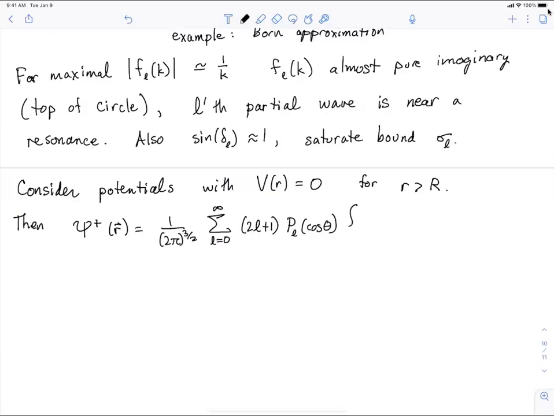And now I'm going to write here a general function, which could be AL of r, some unknown function for r less than or equal to big R. And that could be very hard to calculate. In general, it will be. And then there's BL of r for larger r, where you're outside where the potential is. And that is relatively easy because that's a free particle.